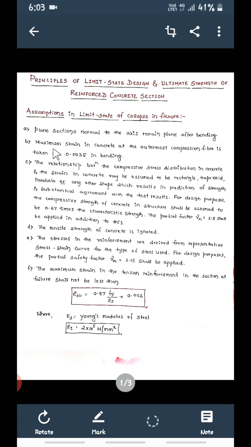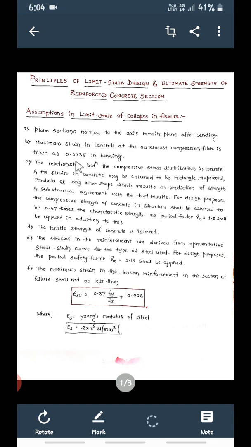Whatever the sections which were perpendicular to the axis before loading will remain perpendicular to the axis even after bending. That is, plane sections normal, meaning perpendicular, to the axis remain plane after bending. So before bending and also after bending, the plane sections will remain plane.